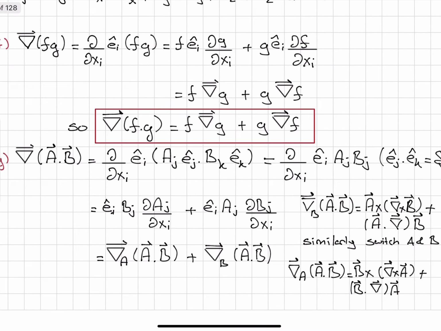Now our answer is the gradient with respect to A of A dot B, and the gradient with respect to B of A dot B. So we can write our final answer using what we know from part E.